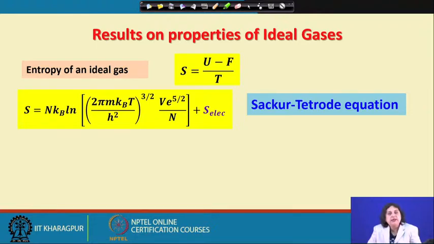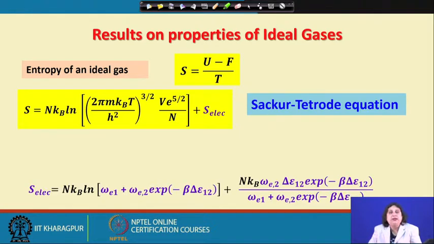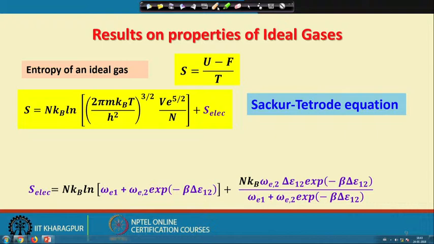And in today's class, we are going to use this equation a lot, so it is very important that we understand the different quantities that are involved. Let me write down explicitly what S electronic is. What you must note is that in this expression, S electronic is proportional to n kB, because this appears as a prefactor for both the terms that you see here.